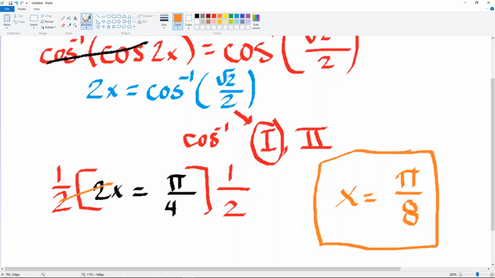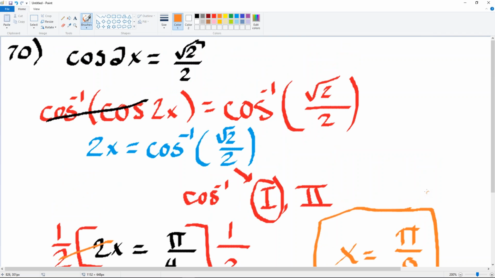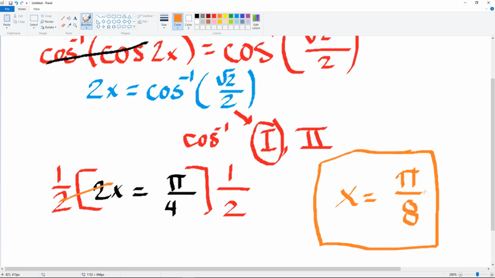So if you were to just solve for x at first, would you still get pi over 8? No. Well, I did solve for x. No, I'm saying before you went to the unit circle. Oh, so you got inverse cosine over 2?